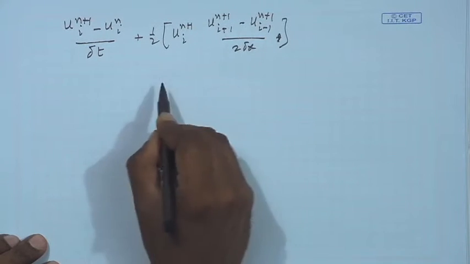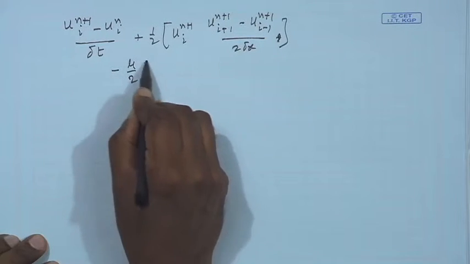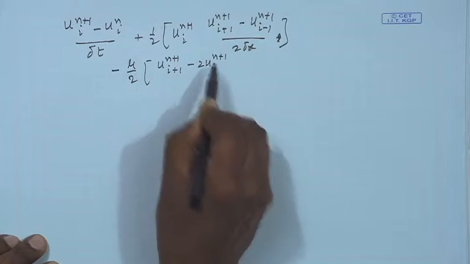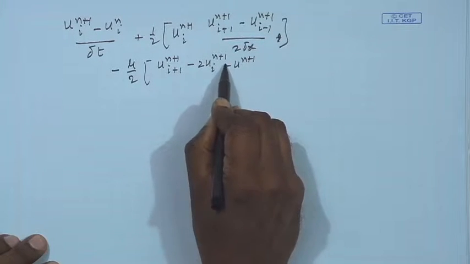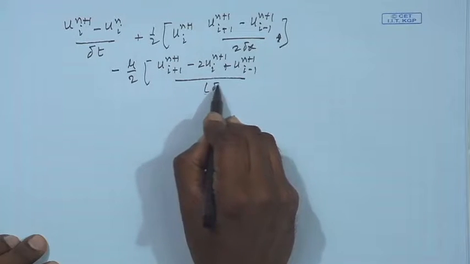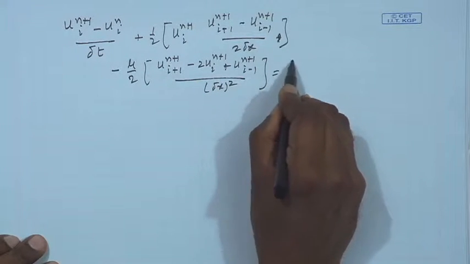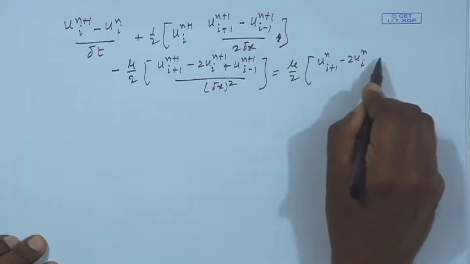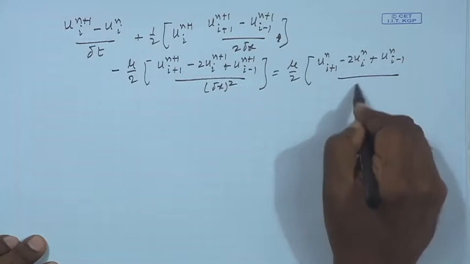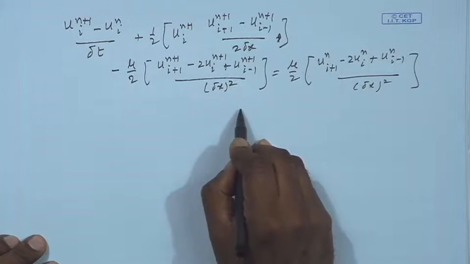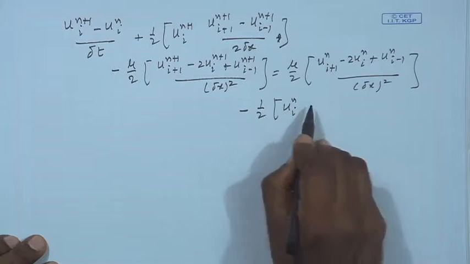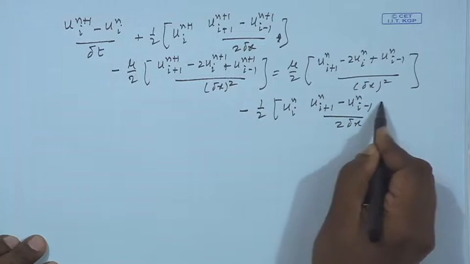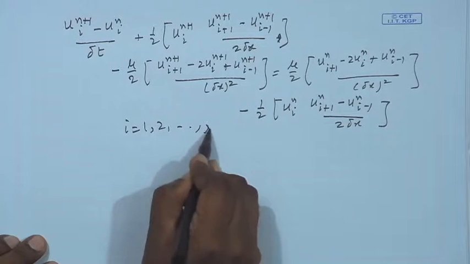That means the superscript n plus 1 always comes to the left. So, (u_i+1^{n+1} - 2u_i^{n+1} + u_{i-1}^{n+1}) by delta x whole square is equal to mu by 2 times (u_{i+1}^n - 2u_i^n + u_{i-1}^n) by delta x whole square, minus half times (u_{i+1}^n - u_{i-1}^n) by 2 delta x, for i equal to 1, 2 up to N minus 1.